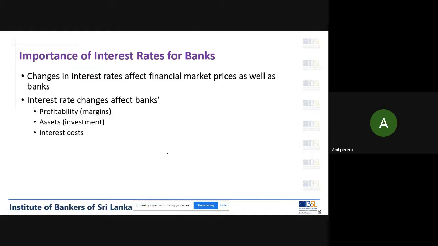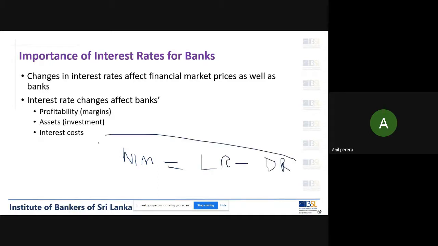Especially if you look at the banks, due to the changes in interest rates, their profitability is affected. Remember, I told you about the interest rate spread, NIM. NIM is basically the difference between the lending rate and the deposit rate. So when the rates are changing, this net interest margin is changing, which means profitability is changing.